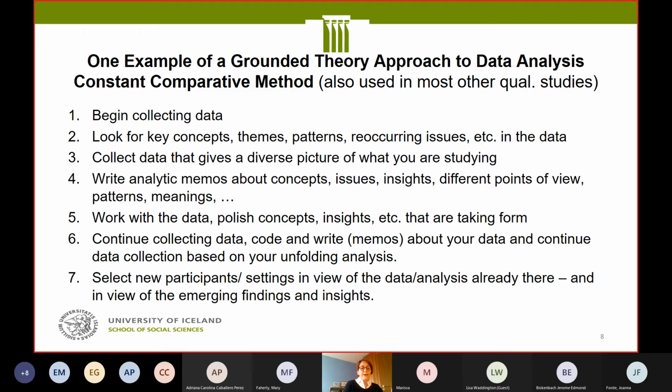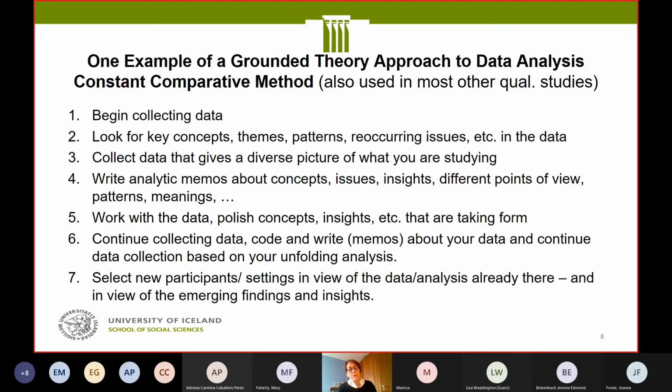So you go back and forth, you analyze every interview you do, and then you base your next interview or next step in data collection on what you have already learned, so that you can be really focused in your analysis. And all along the way, you work with the data, you polish the concepts, you try to develop your insights that are beginning to take form.